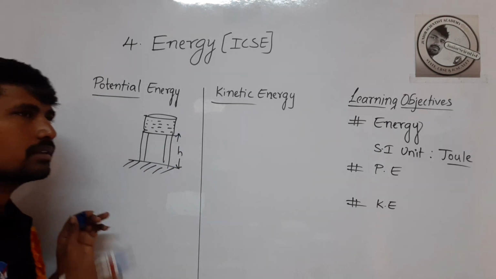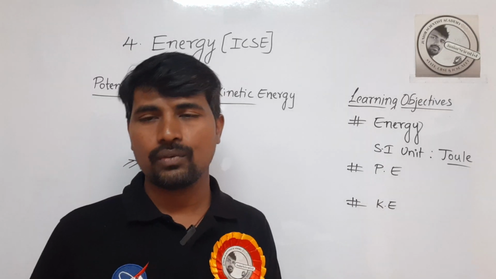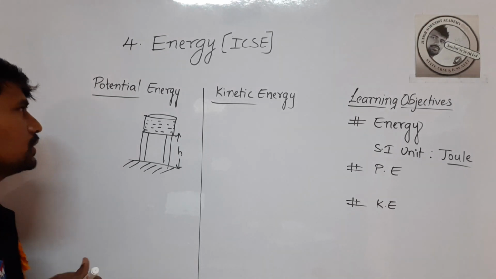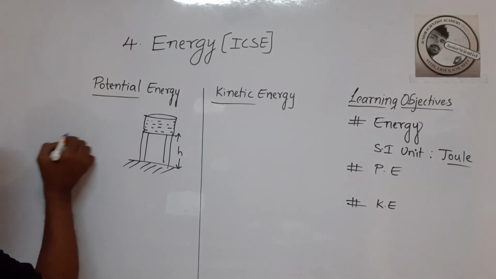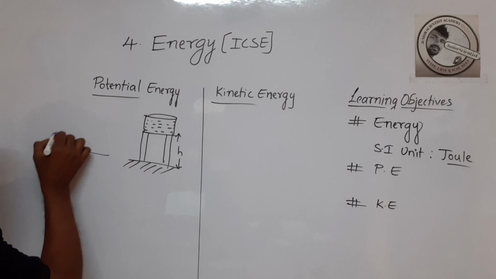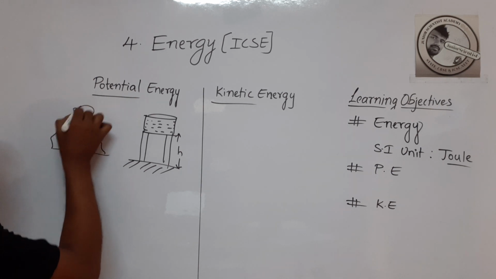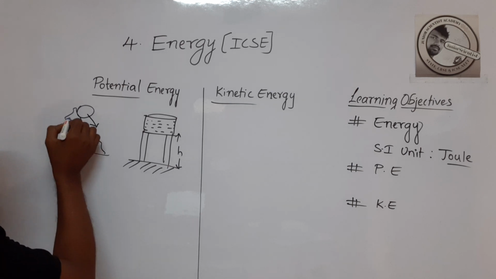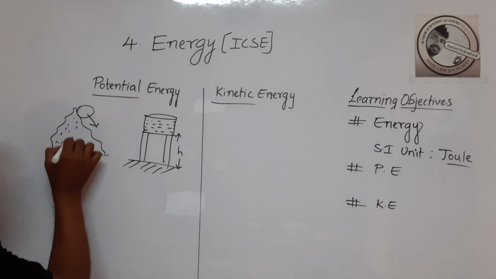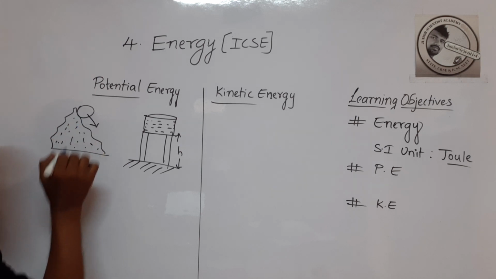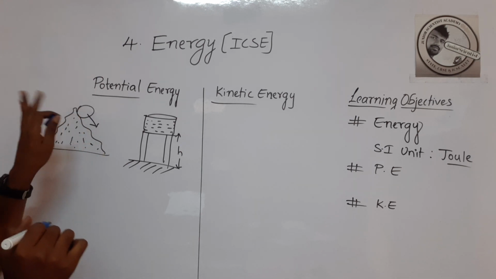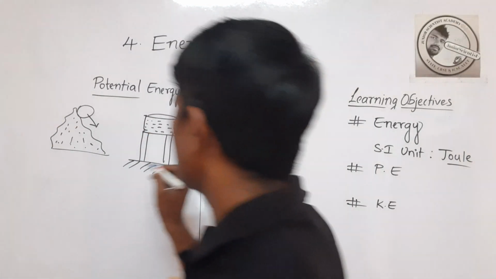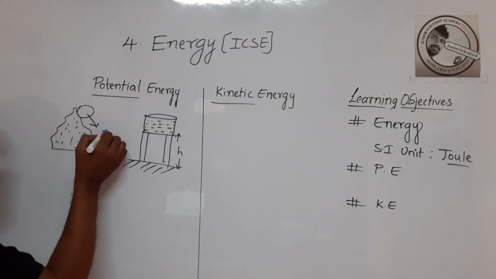A person who is on the second floor or third floor in the building. Say a heavy rock is falling from a hill or a peak. Which type of energy does it have at the peak level? We can see here also the object is at a certain height.